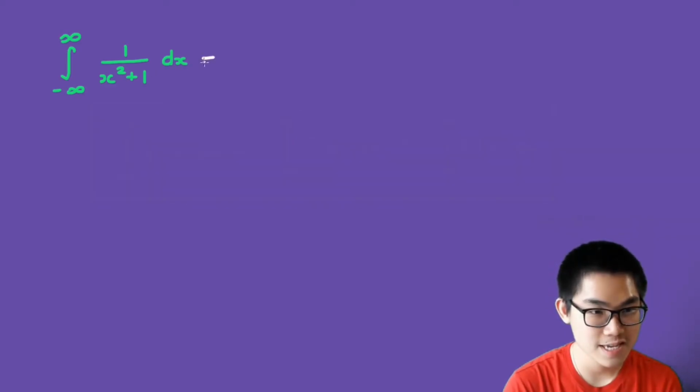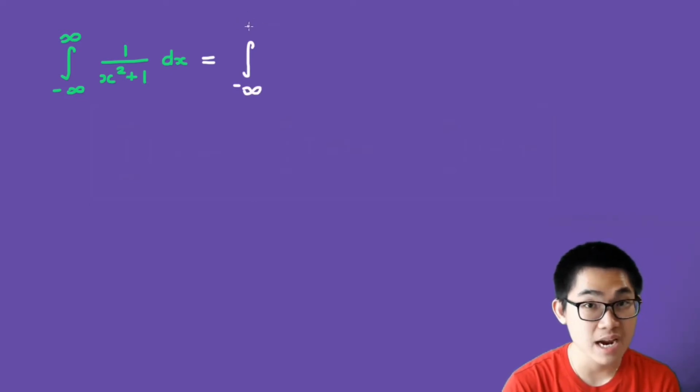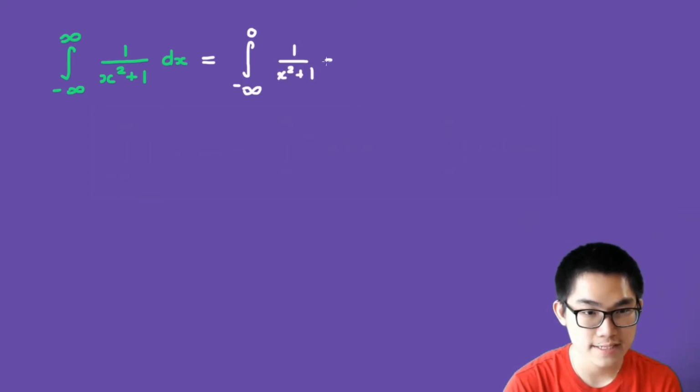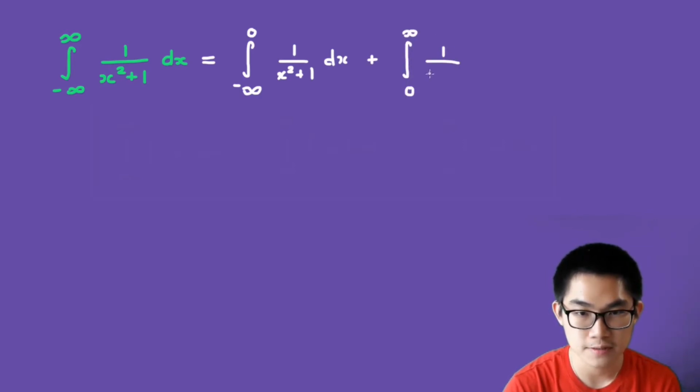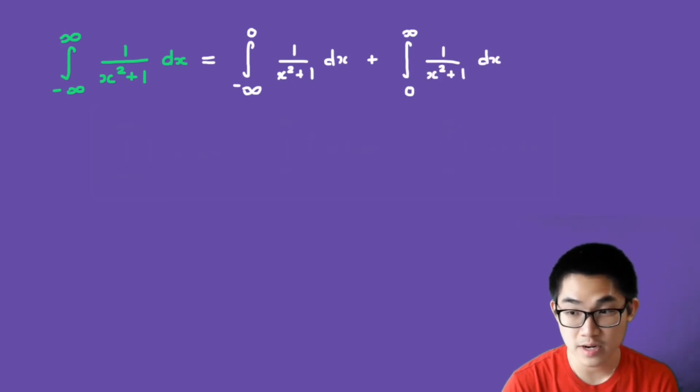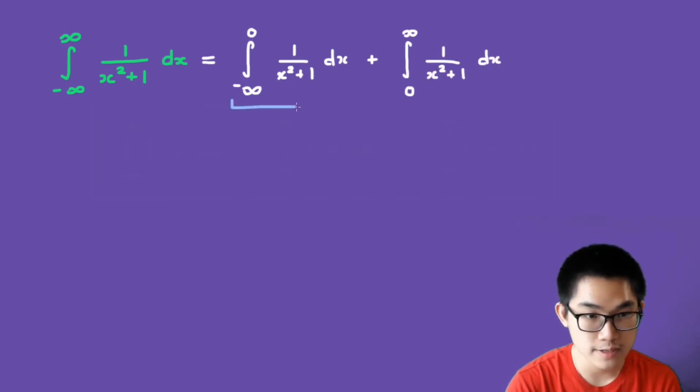So this is equal to the integral from negative infinity, and you can choose any number up here. I'm just going to choose 0, of 1 over x squared plus 1 dx, plus the integral from 0 to positive infinity of the same function. The first thing I'm going to do is solve for this one, and then afterwards we'll solve for this one.